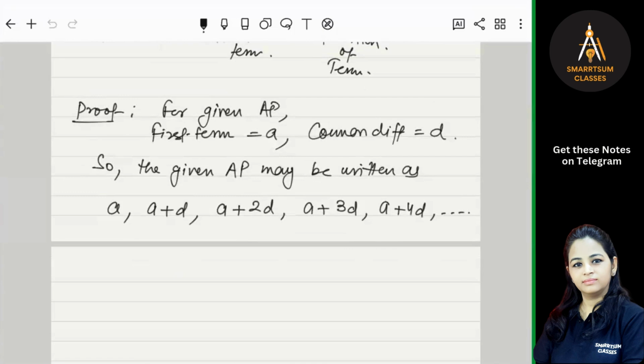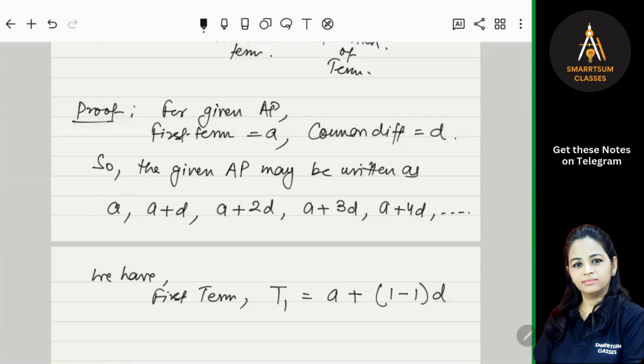Now let's generalize this and find the rule. First term, T1, is A, because it is the first term and we need not add D. So in general, it can be written as A plus 1 minus 1 into D, that is 0D.